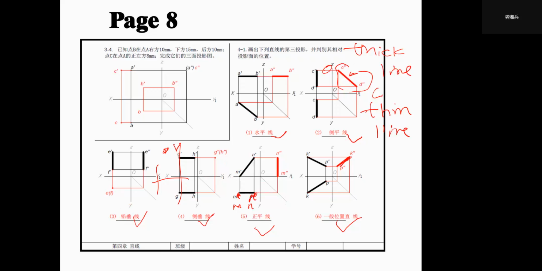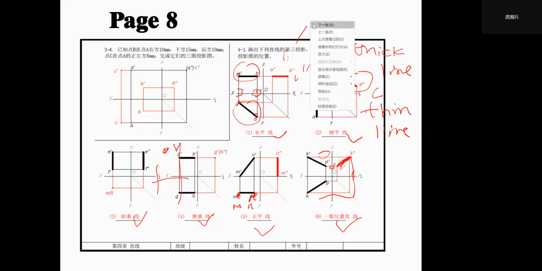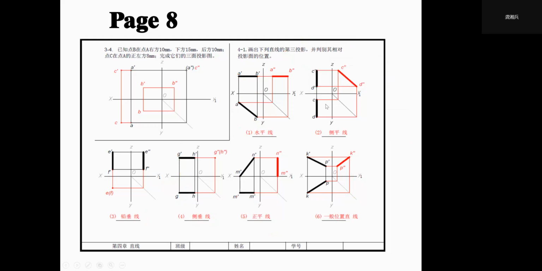On V we have the 1 with comma, on W we have 2, and there is no comma. All the intersections of this point and the point should obey the point projection line law, so this angle is 90 degrees, all the angles are 90 degrees. So this is the spatial position of the line here.